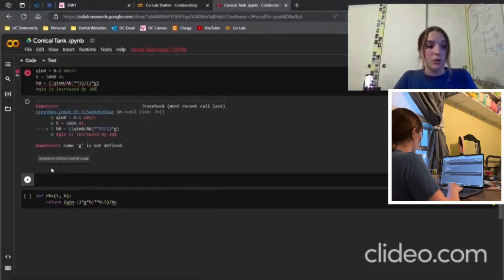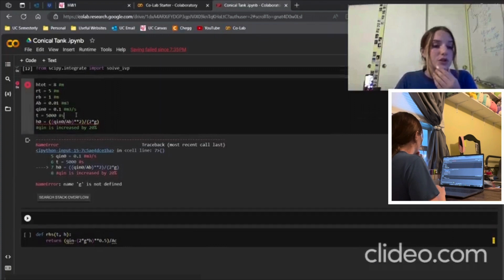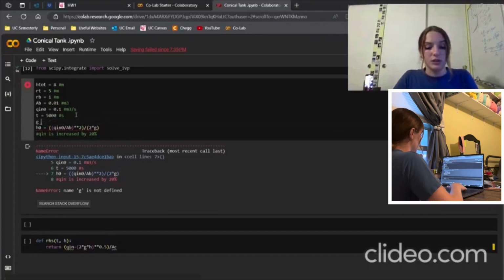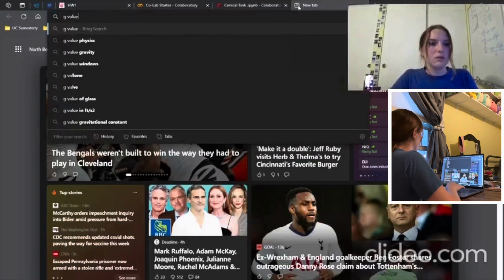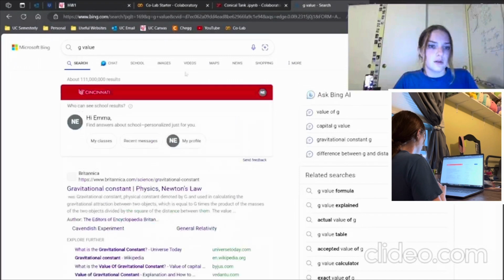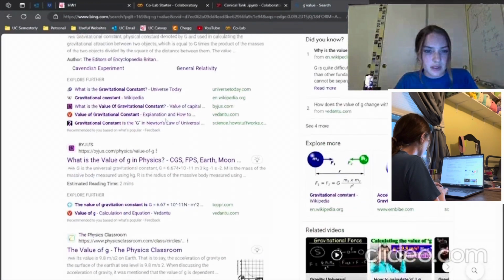Oh, we got an error. We didn't put our G value in, so G is equal to 9.81 meters per second squared, I believe. Let me see if we can find this.